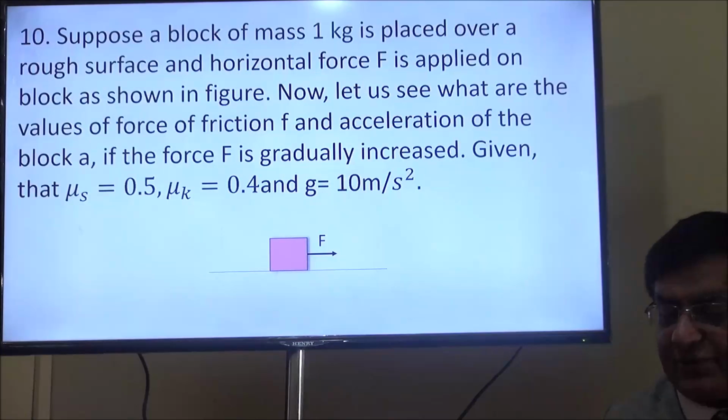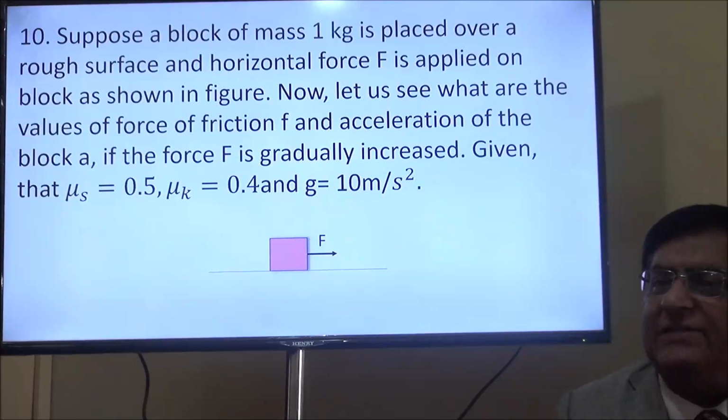Okay, this is the next question. Block 1 kg placed over a rough surface. Horizontal force F is applied on the block. Let us see what are the values of force of friction and acceleration of the block a if force F is gradually increased.